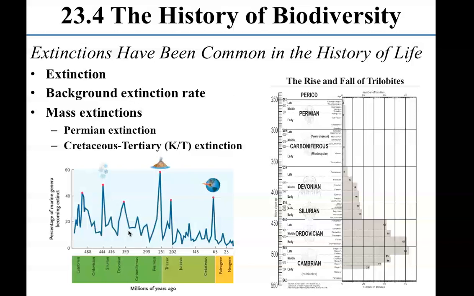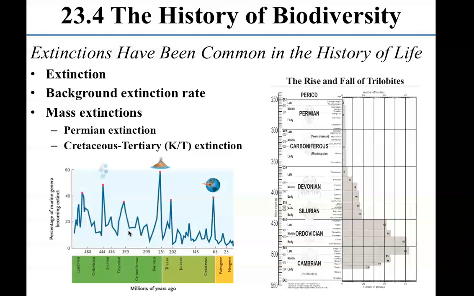So the vast majority of species that have ever lived are extinct, although some of their lineages live on. And the background extinction rate, again, this is just happening, this is just normal, and it happens in the background. And the book quotes one scientist who says that on average, as many as 10% of species go extinct every million years, and maybe as many as 50% go extinct every 100 million years.